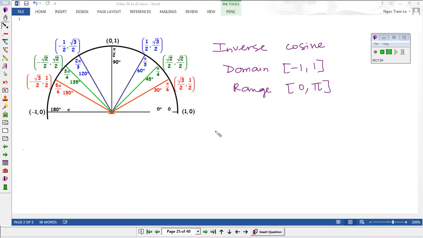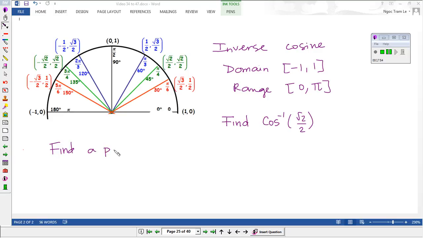Now I'm going to use this half of the circle to find inverse cosine of any input from -1 to 1. So let's find inverse cosine of square root of 2 over 2.